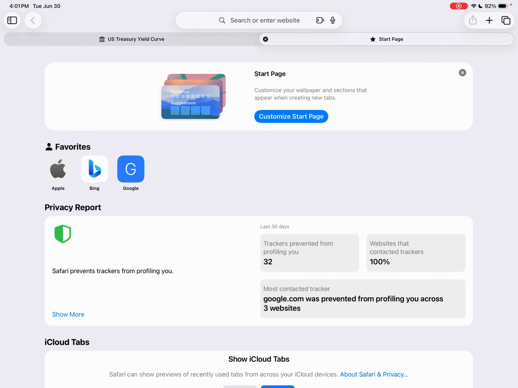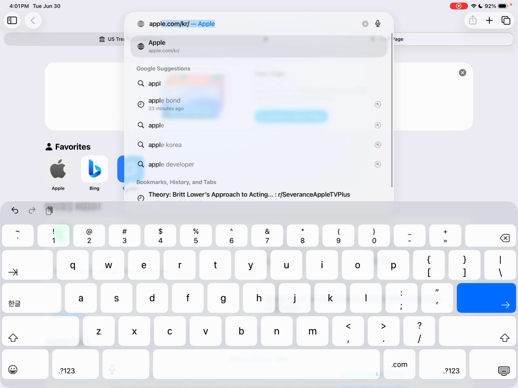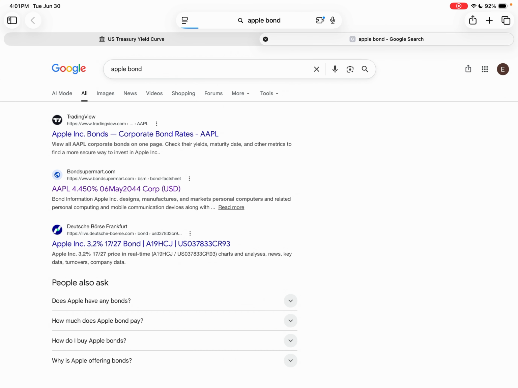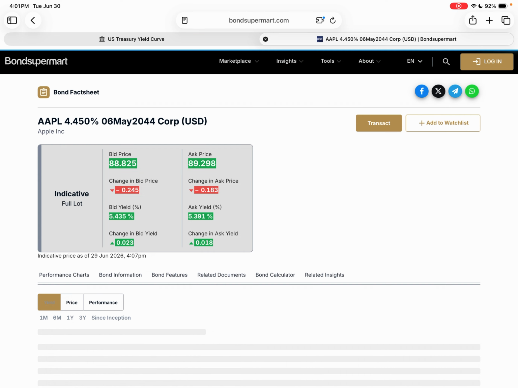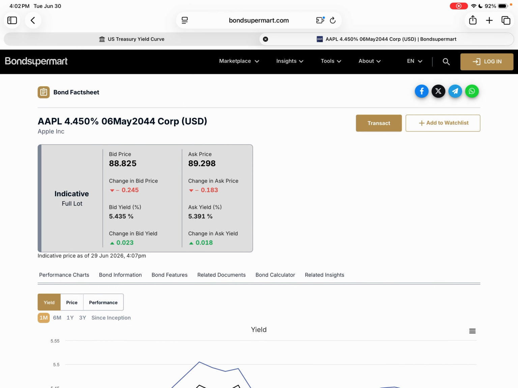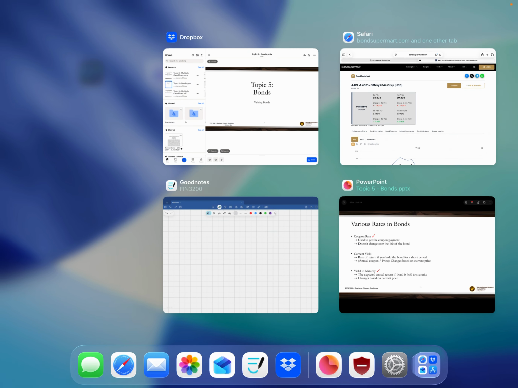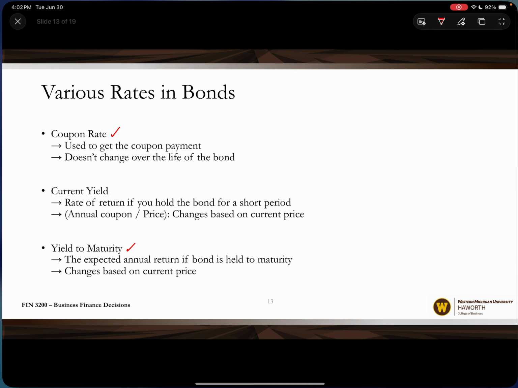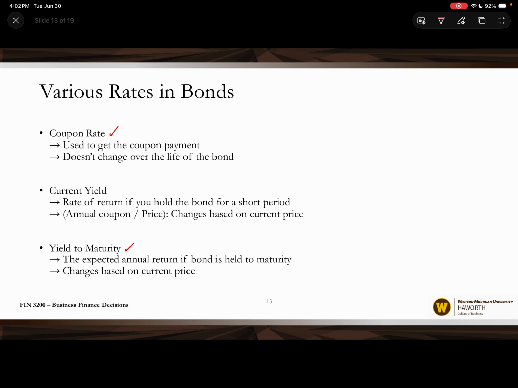Apple bond. Okay, this is the example that we saw last time, right? It was the 30-year Apple bond. So what I'm trying to show you is that the coupon rate of a bond never changes.